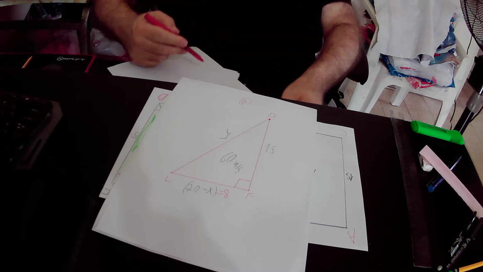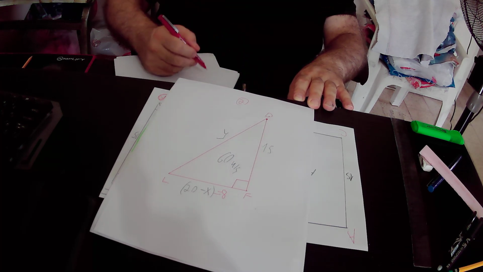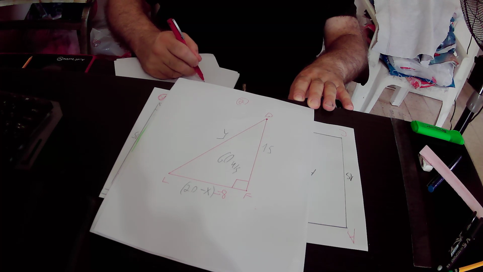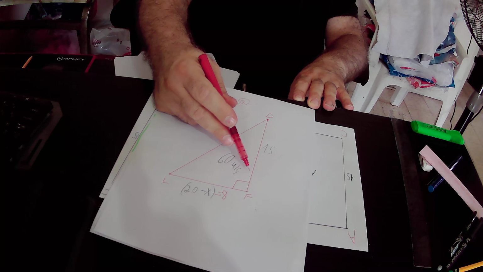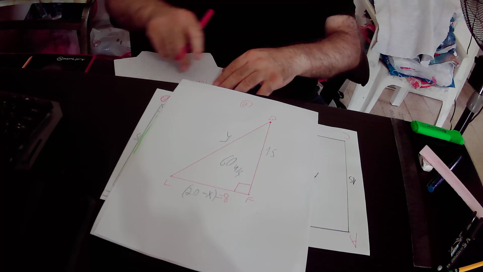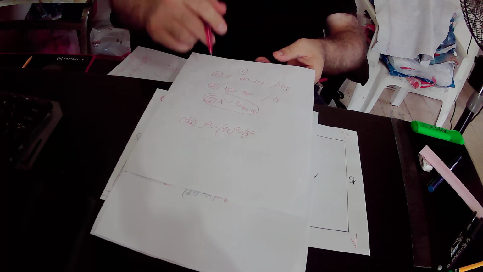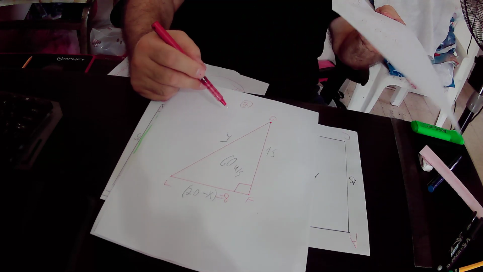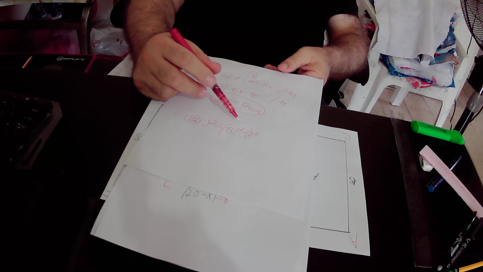So in this right triangle LFD, y square equals 15 square plus 8 square.